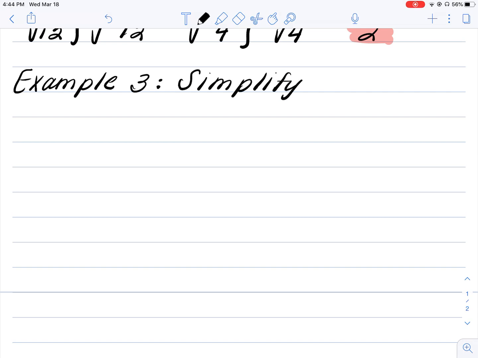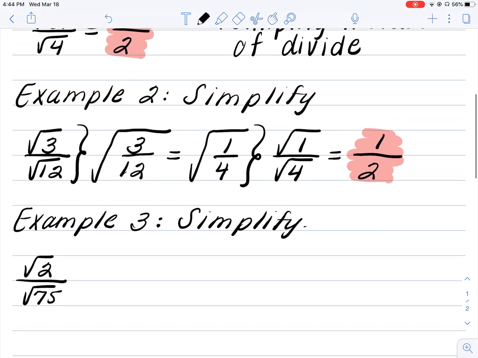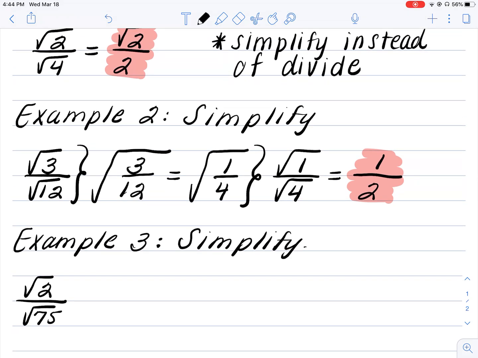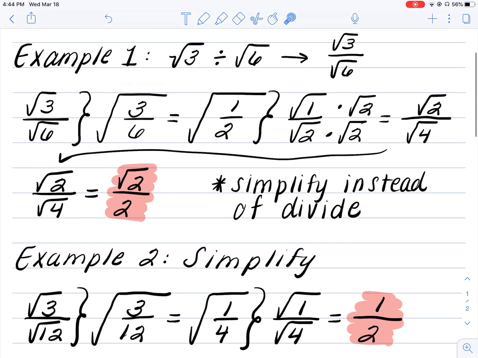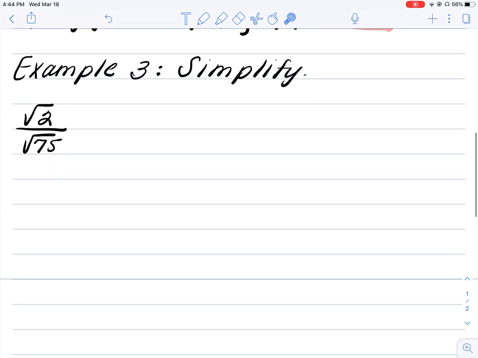And we are going to simplify the square root of 2 over the square root of 75. Okay? Now, here's the interesting thing. What I've been doing for each one of these in the beginning is putting two radicals into one big radical, just like how I did in example 2, just like how I did in example 1. Let's take a look at what's going to happen if I do that.